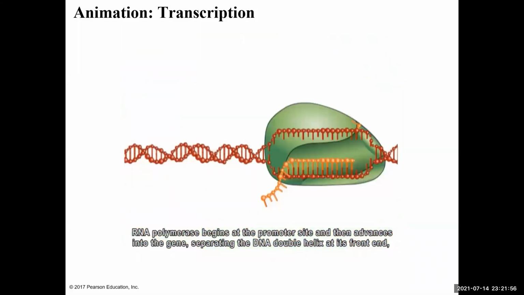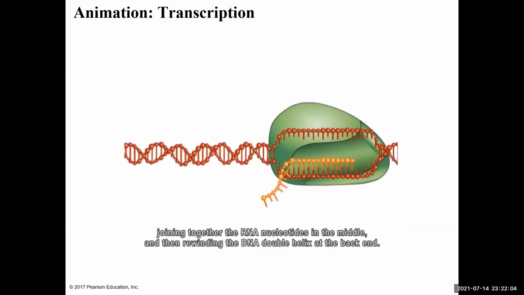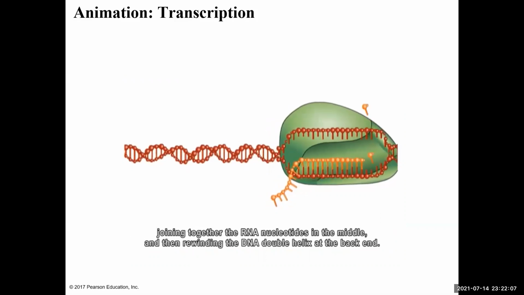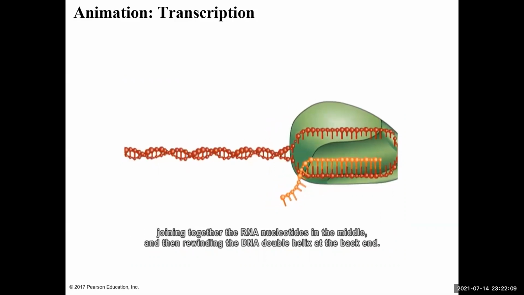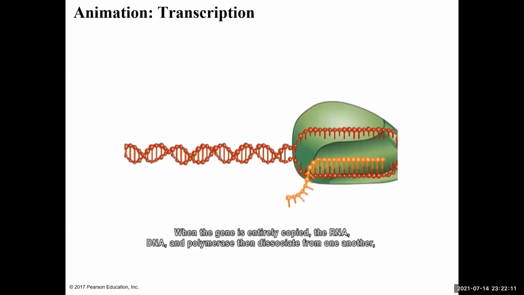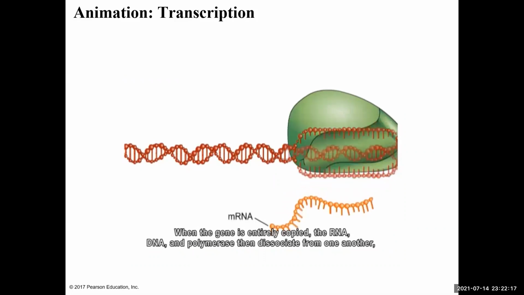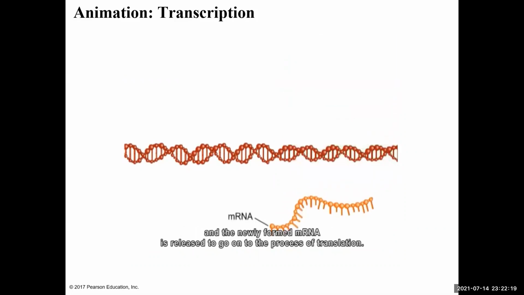RNA polymerase begins at the promoter site and then advances into the gene, separating the DNA double helix at its front end, joining together the RNA nucleotides in the middle, and then rewinding the DNA double helix at the back end. When the gene is entirely copied, the RNA, DNA, and polymerase then dissociate from one another, and the newly formed mRNA is released to go on to the process of translation.